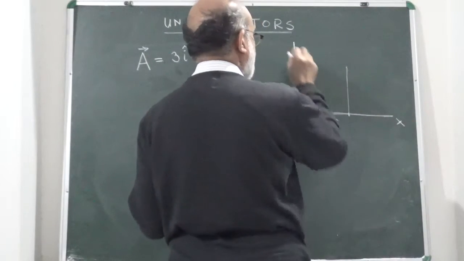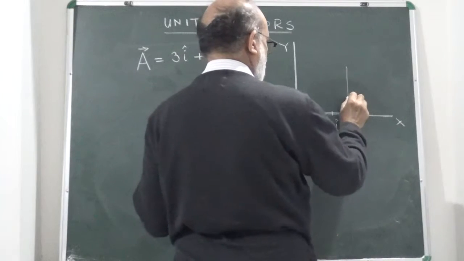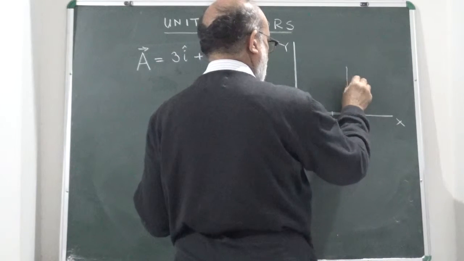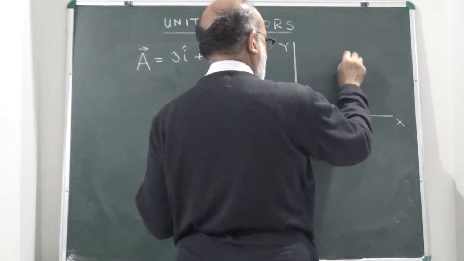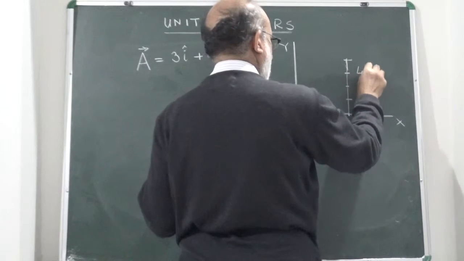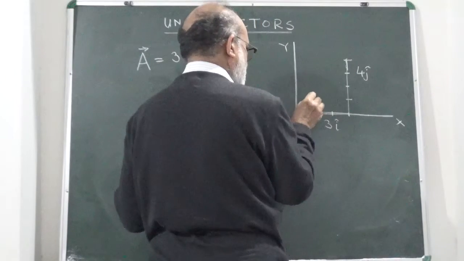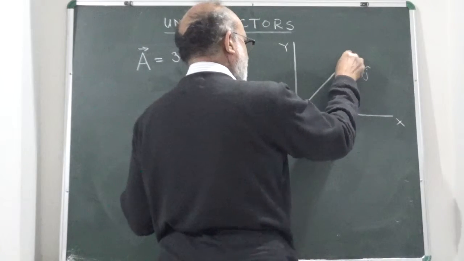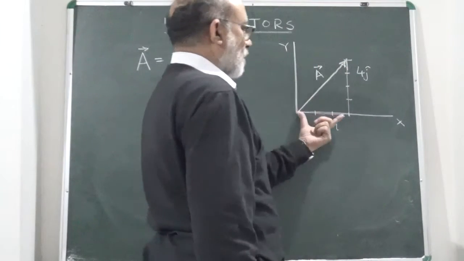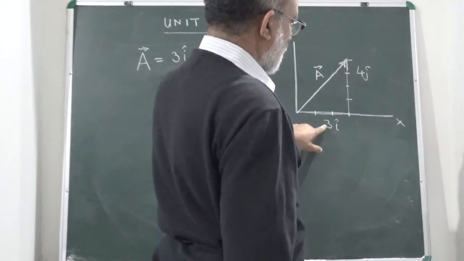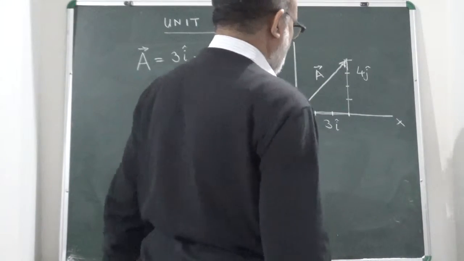This is the x axis, this is the y axis. It is 1, 2, 3, 4, 4j. So the vector A has two components. The x component is given by 3i, and the y component is given by 4j.